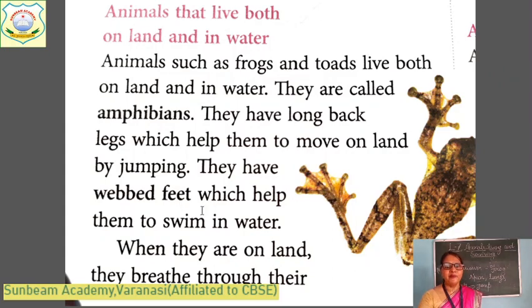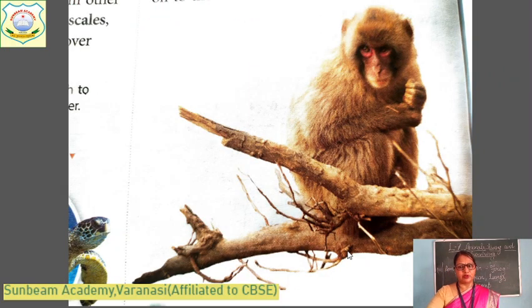And they have webbed feet which help them to swim in water. The front legs, their feet are webbed, which help them to swim in water. And when they are on land, they breathe through their lungs, as I have told you earlier.